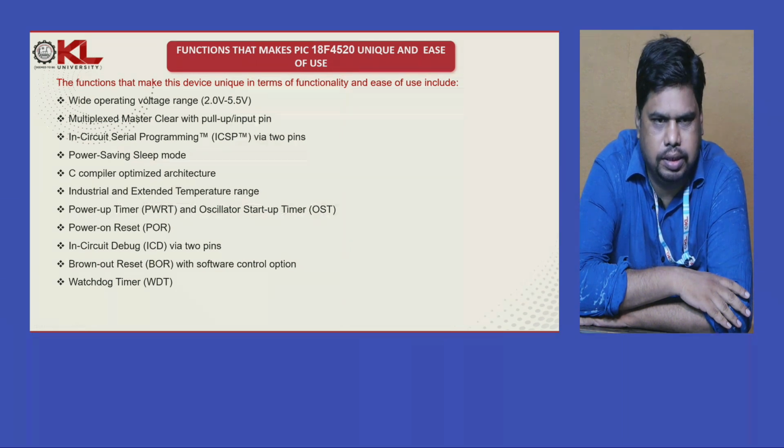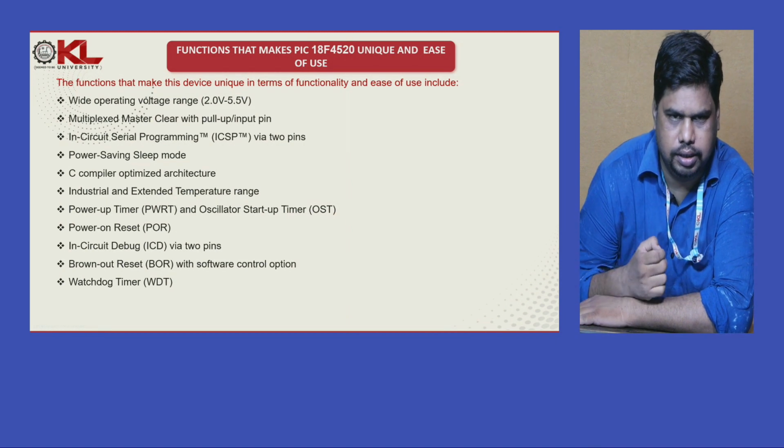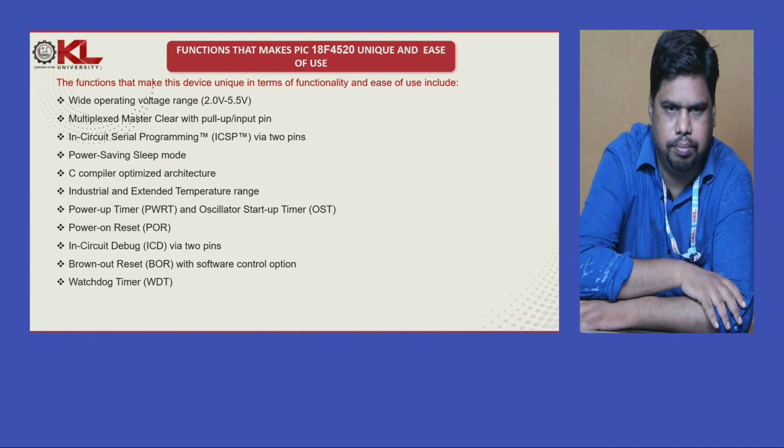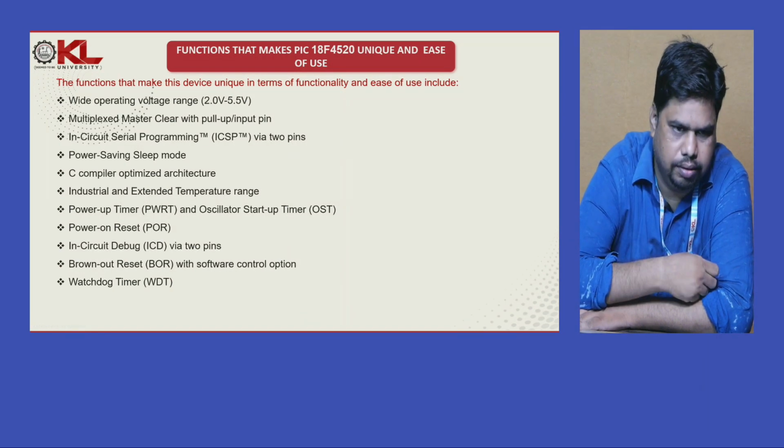It has multiplexed master clear with pull-up input pin, in-circuit serial programming, power saving sleep mode, C compiler optimized architecture, industrial and extended temperature range, power-up timer and oscillator start-up timer, power-on reset, in-circuit debug via 2 pins, brown-out reset with software control options, and watchdog timer. One by one I will discuss these advanced features in the PIC that make it very useful in different kinds of applications used in industry or in several areas.